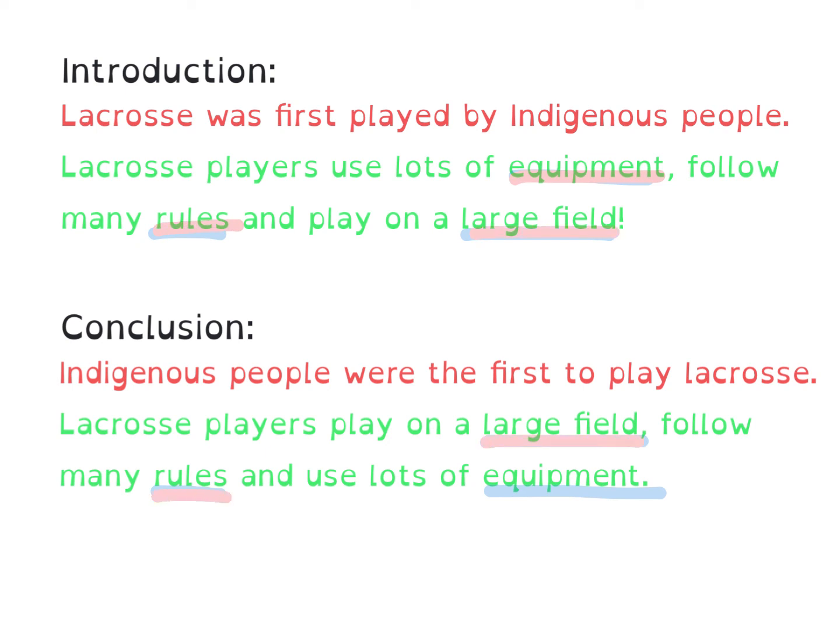Large field, rules, and equipment. And that's how you write your conclusion. It's completely based on your introduction, and you take the two sentences, your lead sentence and your thesis statement, and you restate them, but in a creative and slightly different way, because nobody wants to read or hear the same sentence twice.